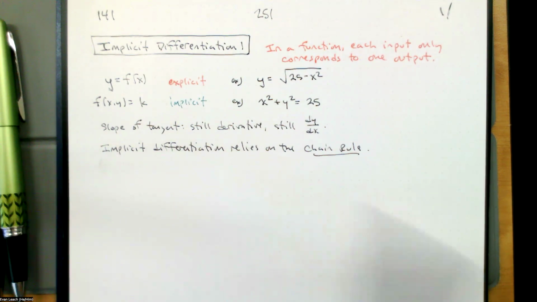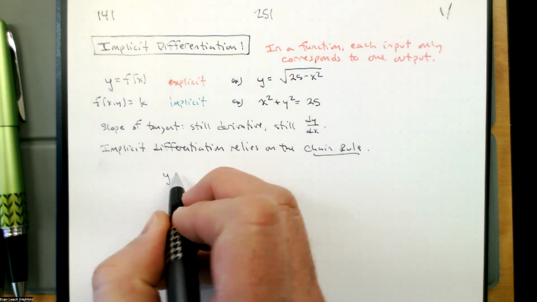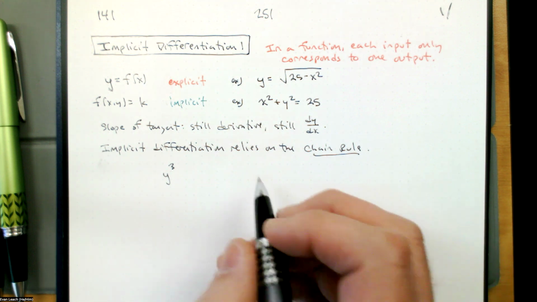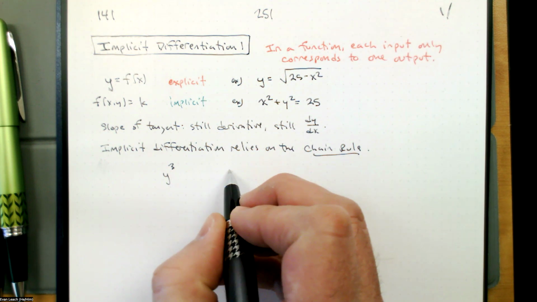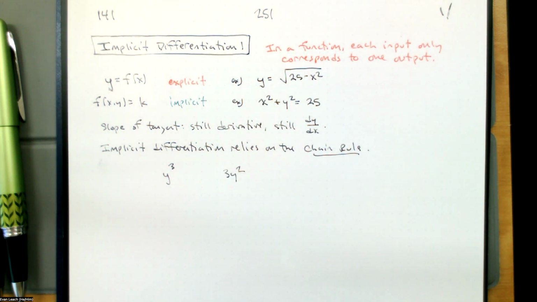So if we take an expression like y squared, I'm going to go with y cubed. If I write the expression y cubed and then turn that into 3y squared, do the n x to the n minus 1 thing, that's the derivative with respect to y. So doing n times y to the n minus 1, this is the derivative with respect to y.